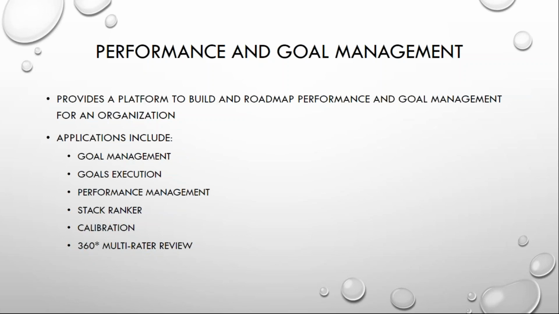This can be activated and configured under the performance and goals management functionality, which you will be seeing. How do you call a third party? Where do you go and where do you give them permissions to access the system? And how does it come and sit on your performance form? All those will be covered as part of your 360 multi-rater review function.